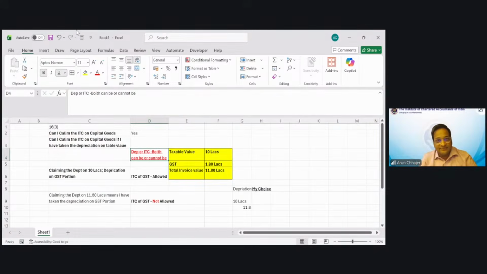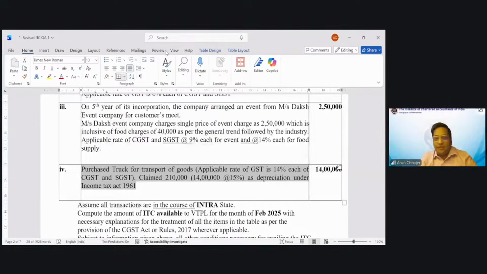Correct? So now read and tell me, will I be able to take ITC on the fourth item or not?